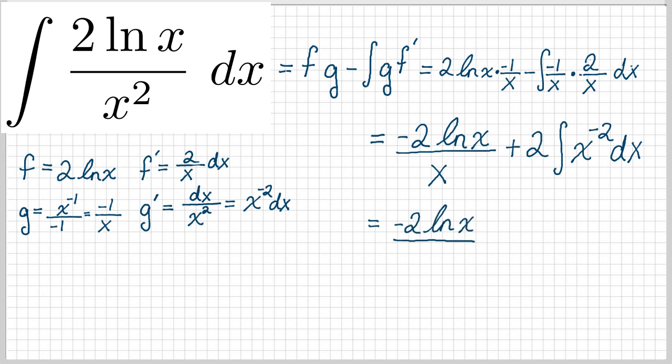So now rewriting what we had before, it looks like this. And now the antiderivative of x to the negative second we already did. It's 1 over x, and then I'm multiplying by 2, so this 2 is this 2. This minus came from the negative 2 becoming negative 1, and multiplying.